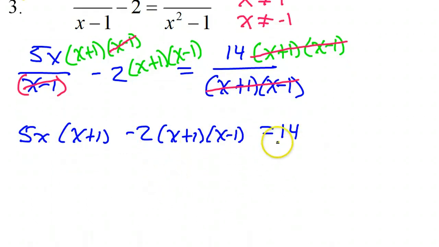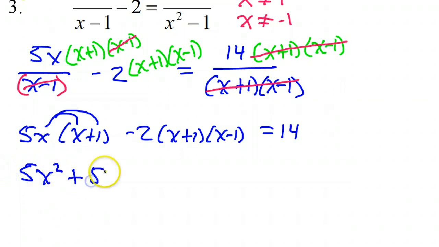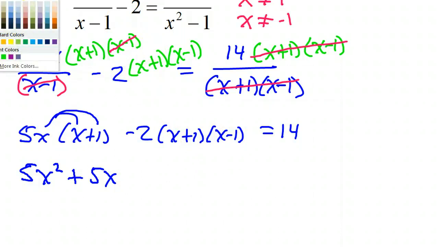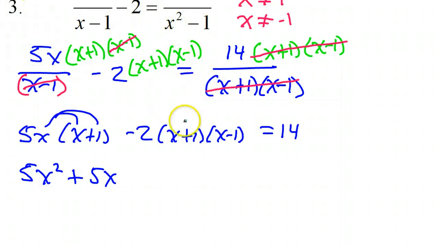No more fractions. So this is going to give us, because we'll do the distributive property, 5x squared plus 5x. Now, for this, remember that x plus 1, x minus 1 is x squared minus 1.